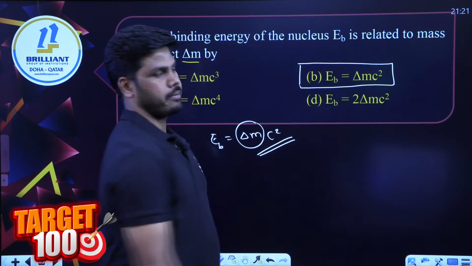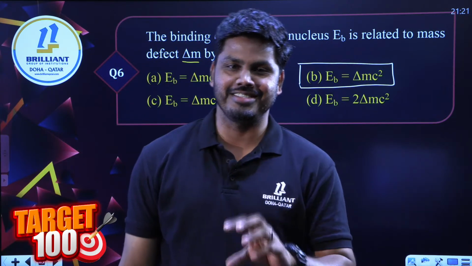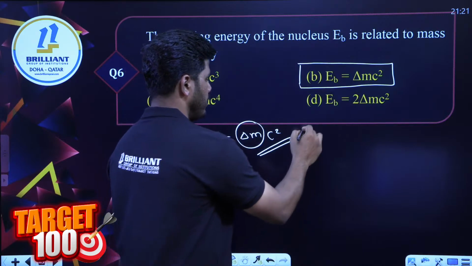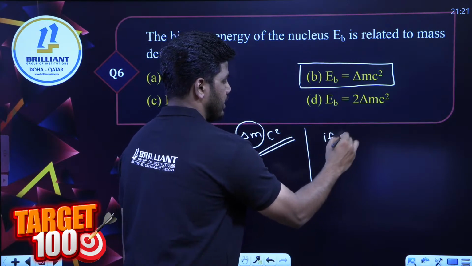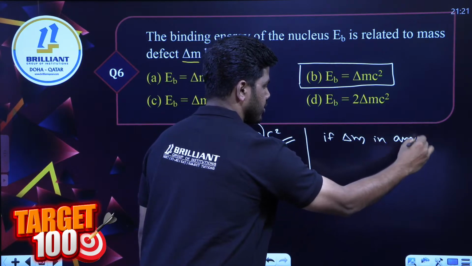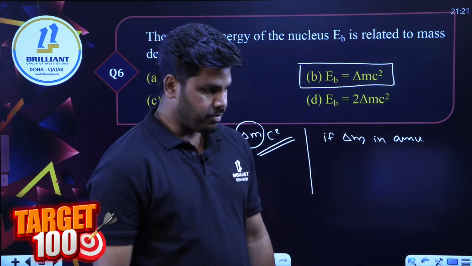Delta M C square. But we calculated binding energy using another equation, right? In the numerical questions, we get questions from that part also. If the mass defect delta M is given in atomic mass unit, what did we do?